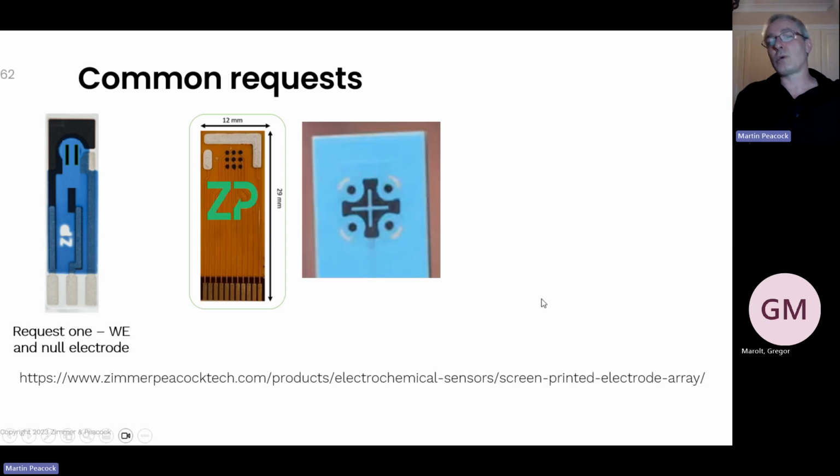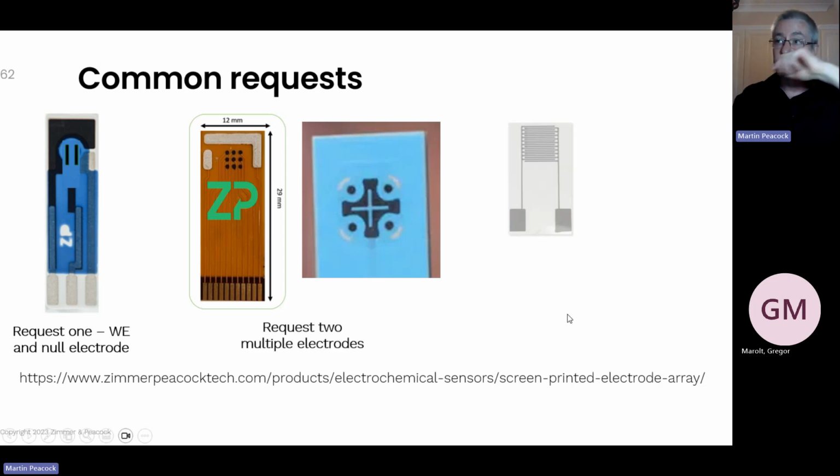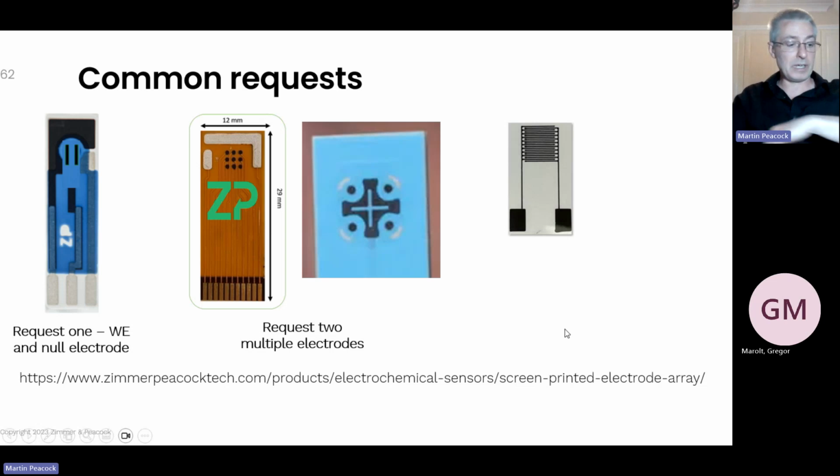We do get requests for unusual designs. Unfortunately, sometimes these requests for unusual designs, at least in companies, lead to the liquidation or the bankruptcy of the company. The company's going to Chapter 11, and I'll discuss that as well. So be careful. The other thing that we get is interdigitated electrodes.